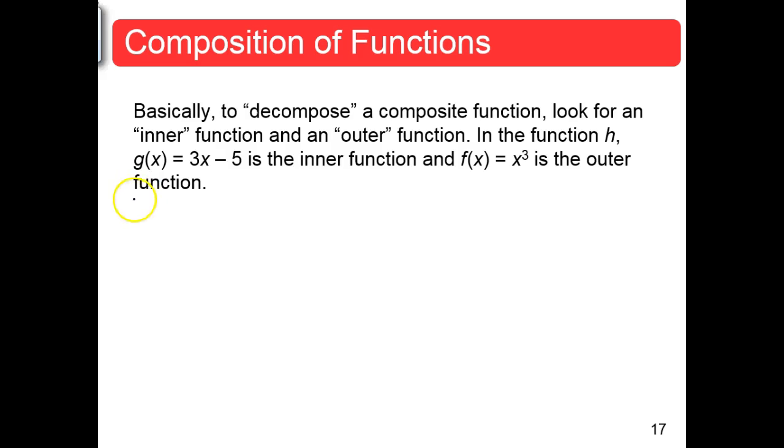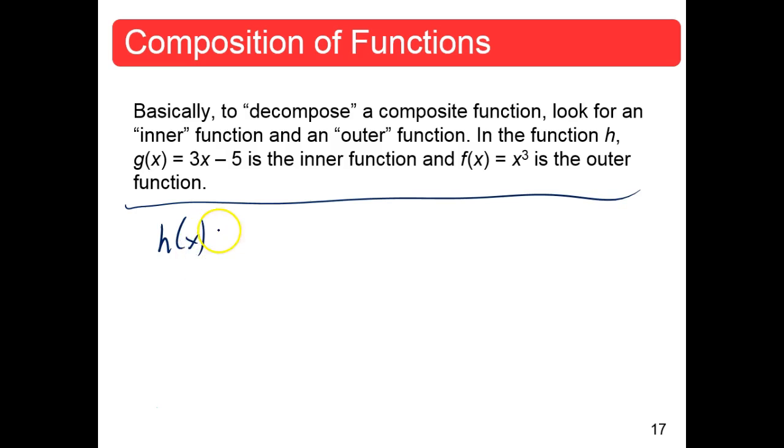So let's do example 7. Here's your h of x equal to 1 over (x minus 2) squared. It says rewrite that as a composition of two functions.